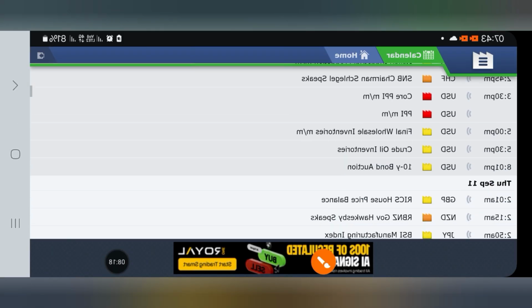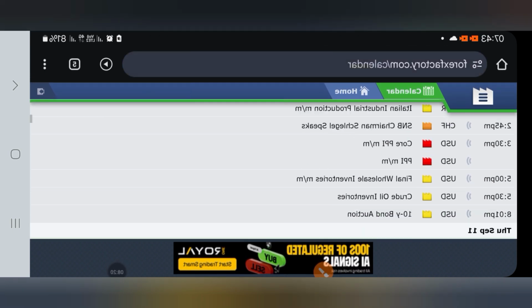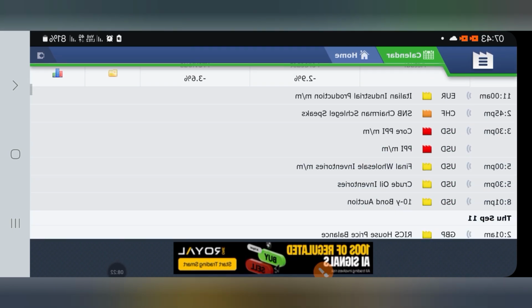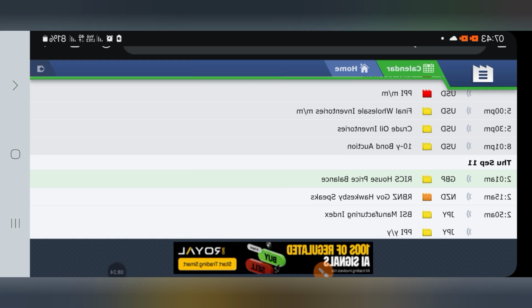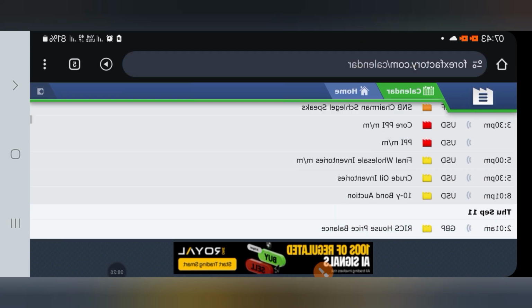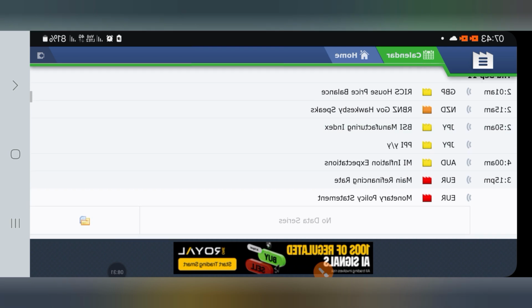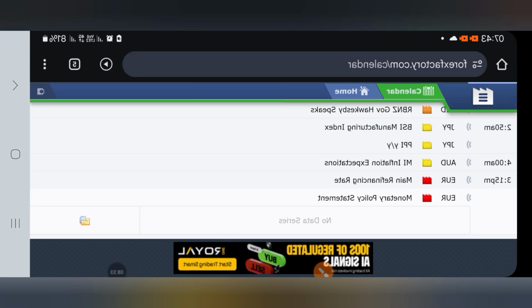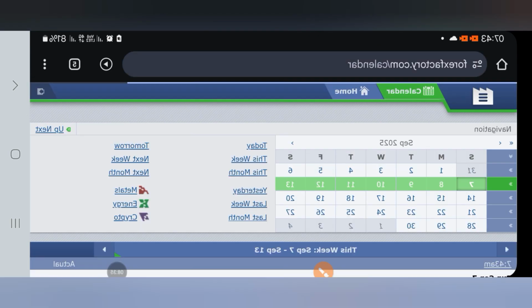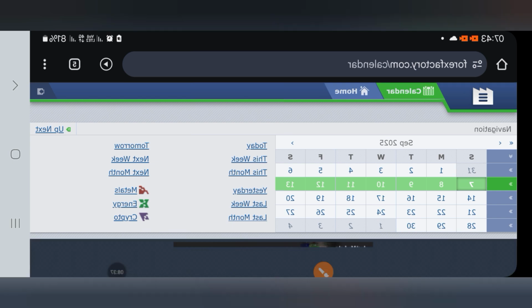And this is how it goes, guys. This is the calendar where there is every news that you trade on, like CPI, PPI, guys. This is a place where we trade on and look at.